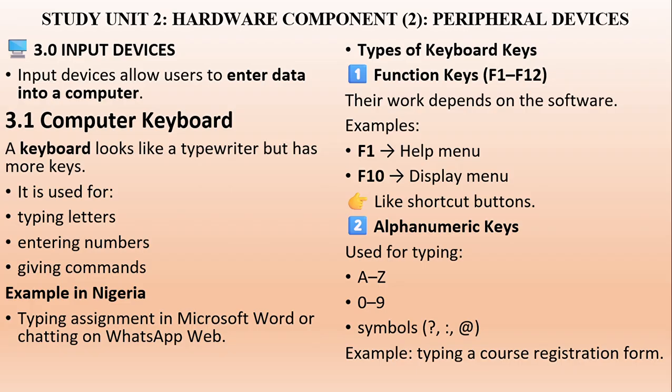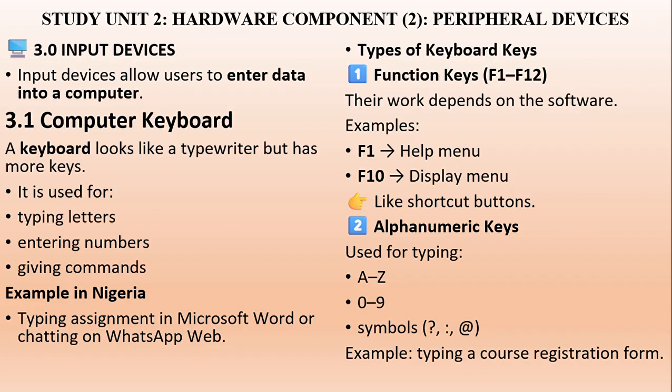The first one is the keyboard, under the input devices. The keyboard helps to receive information. We are looking at two things there: the input devices, which help to receive information, and the output devices, which help show results.